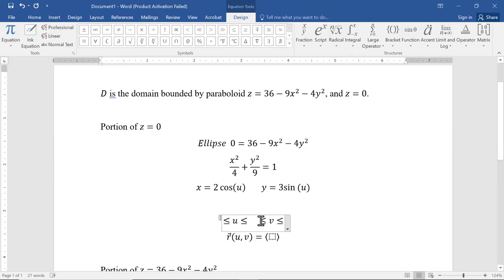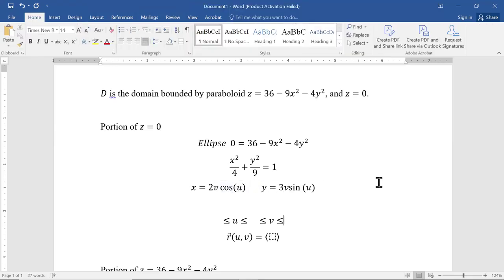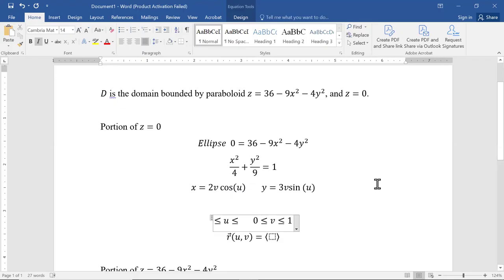So if you think about that, this is the boundary. How do I go and get 0, 0 all the way out to the boundary? Well, essentially, I'm going to put a v in front of here and then use v values from 0 to 1.